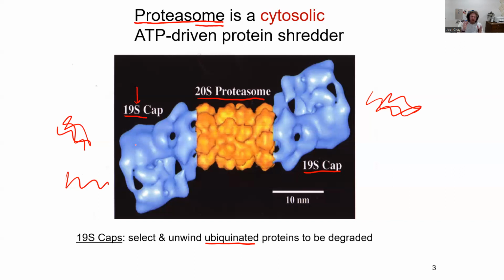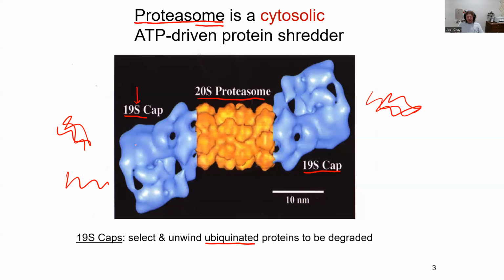At this point, you could think about them as looking for a protein. They're going to grab onto a protein, and they're going to unwind it. That means that the 19S caps have the ability to disrupt intermolecular forces, those attractions between different R groups.